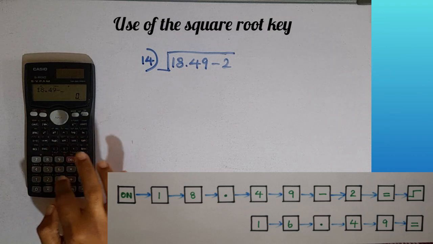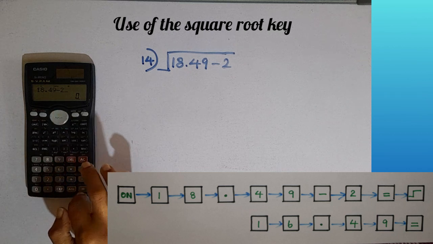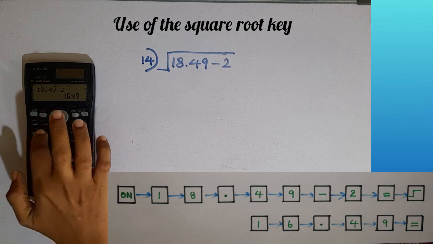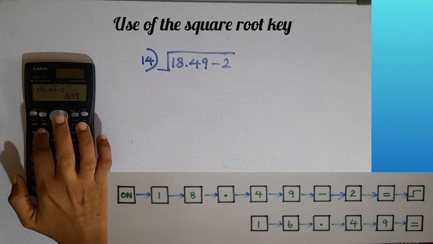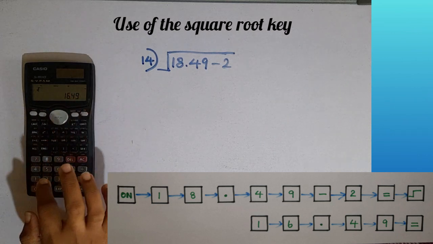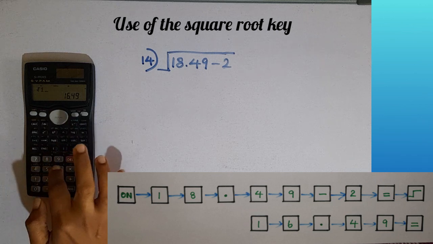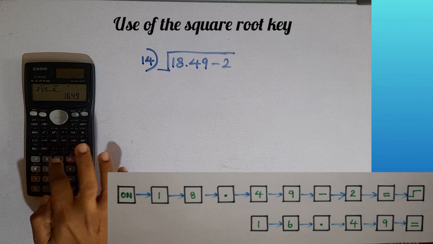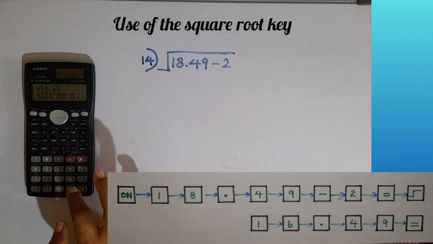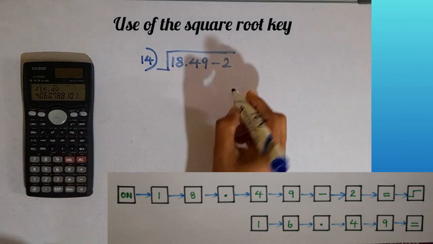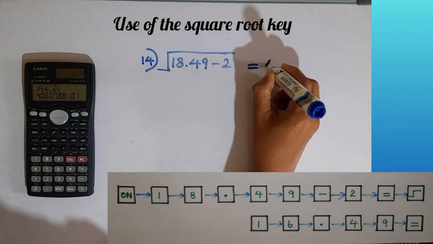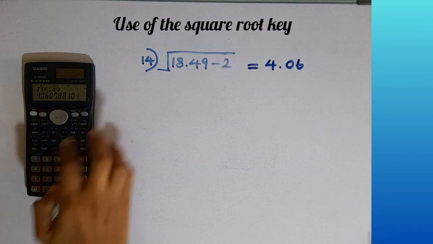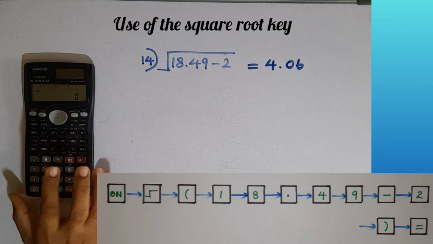The answer is 16.49. Then we press the square root key, then type this answer within the square root, 16.49, then again the equal sign. The answer is 4.06.